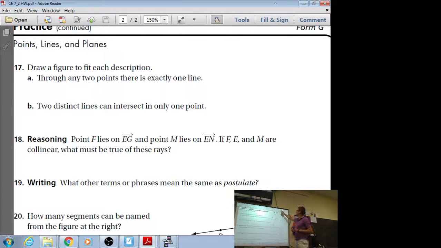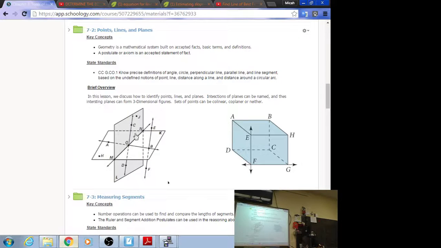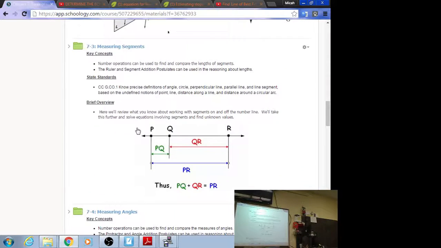Other questions from 7-2? About 7-3, measuring segments. A lot of this was distance or difference formula. You want to be able to sum your segments.